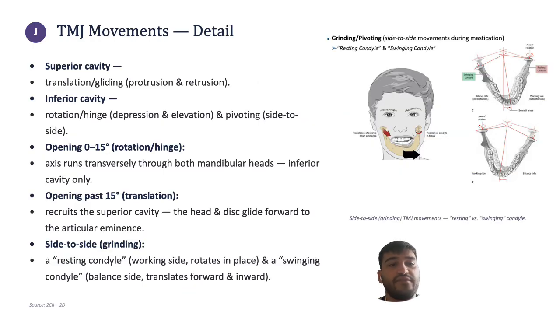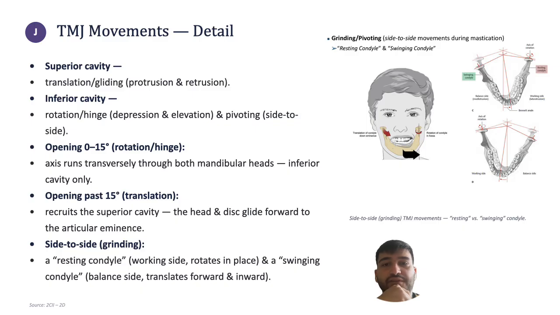We have the superior cavity, which is the translation or gliding. And then we have the inferior cavity, which is the rotation or hinge. So for the 0 to 15 degrees of opening, we have the inferior cavity, and then for past 15 degrees, we have the superior cavity. And then side to side, just grinding, it's usually a resting condyle.